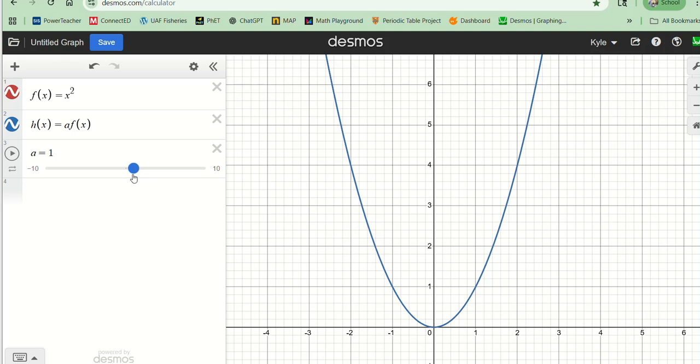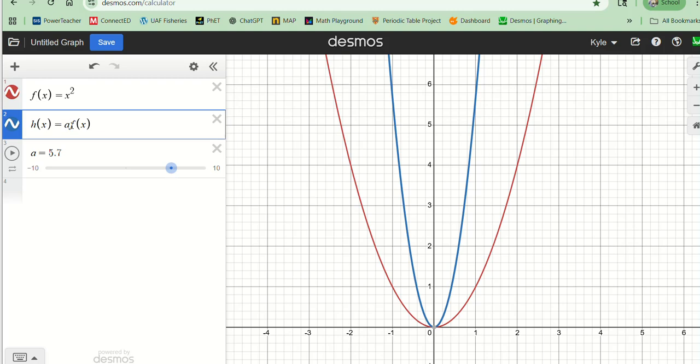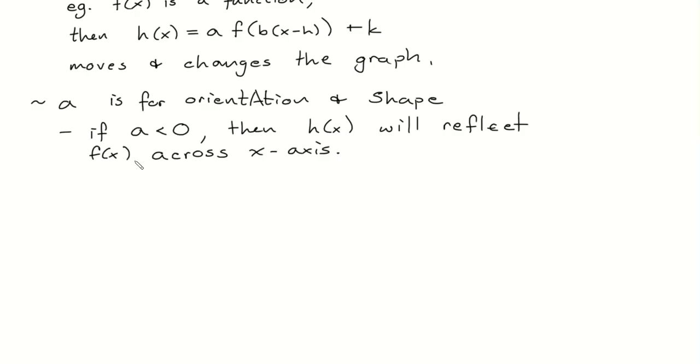So if it's 1.1 or 1.2 or 2.3, it got thinner. This number out in front, was that the vertical or the horizontal? Vertical. So we have to consider not only the reflection part, but I'm going to use asterisks here instead so they don't look like minus signs.